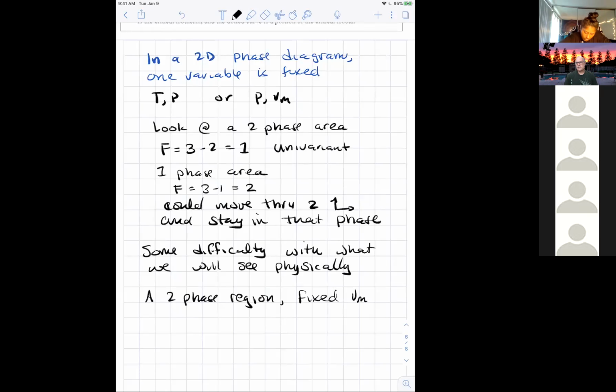So let's talk about a 2-phase water system where we have liquid water and gaseous water. If we want to just go to a TP diagram, then in our closed system, think about how we're going to do this. Again, I talked about a way that's actually not physically possible, but in the end, it doesn't matter.